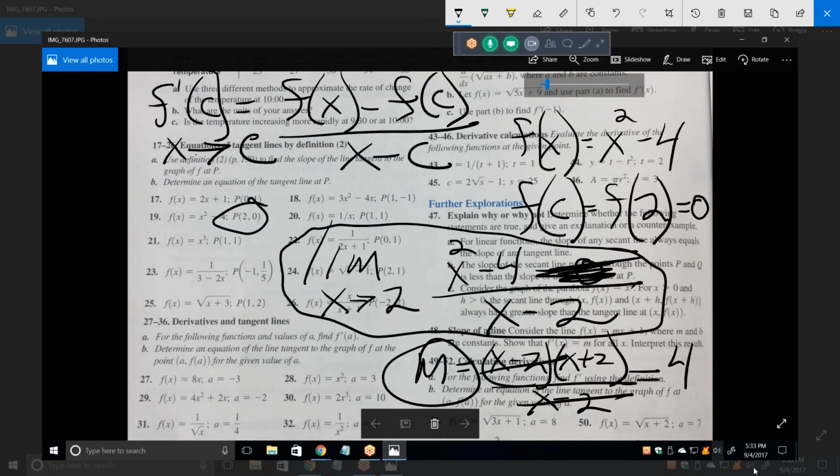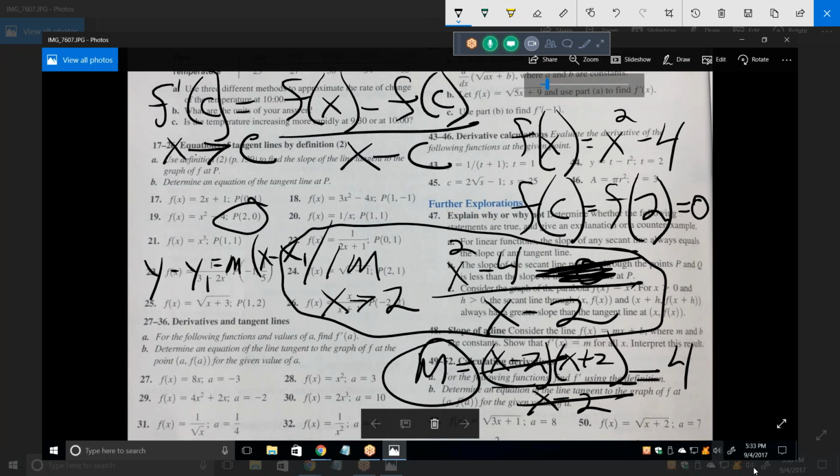We did it on the 2 previous problems. Give me the general form until you have it memorized. It's y minus y1 equals m in parentheses x minus x1.